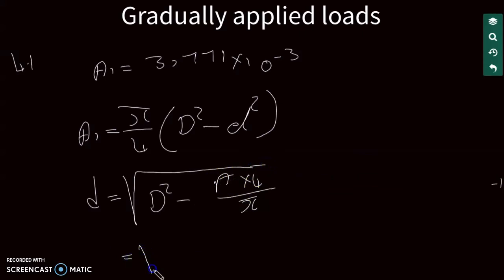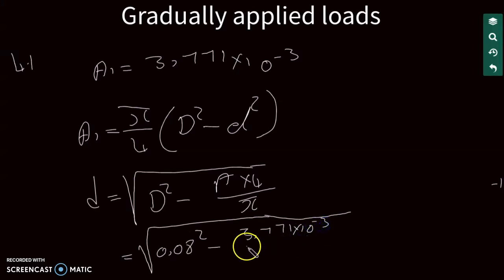Then, what is the diameter of the outside? It's 0.08 squared minus our area. We got it as 3.771 times 10 to the power negative 3, times 4 divided by pi.